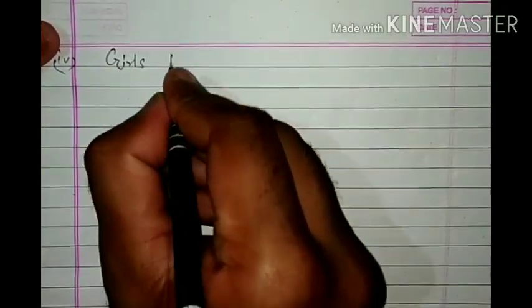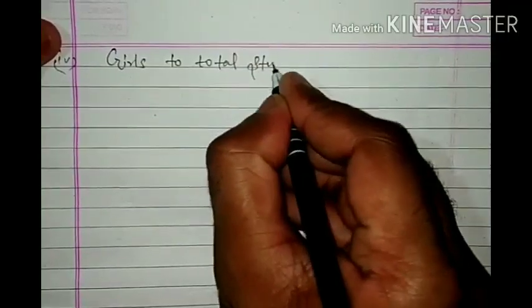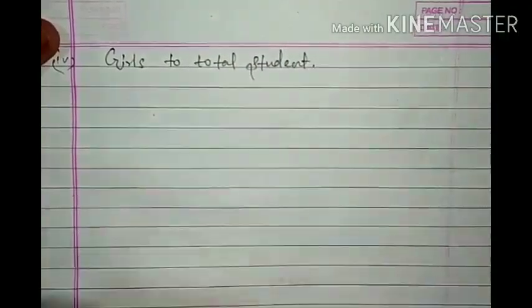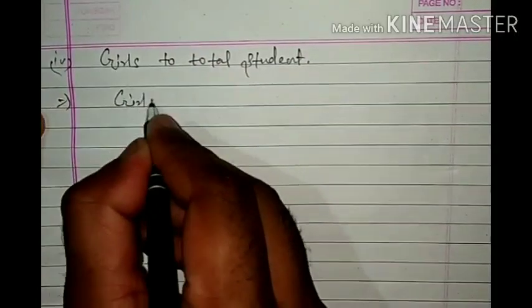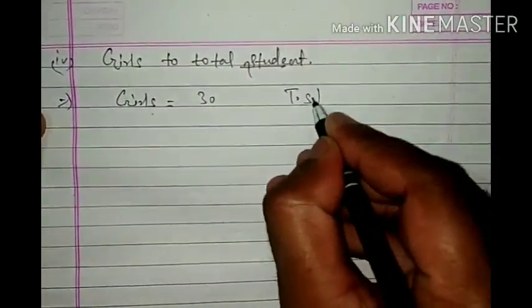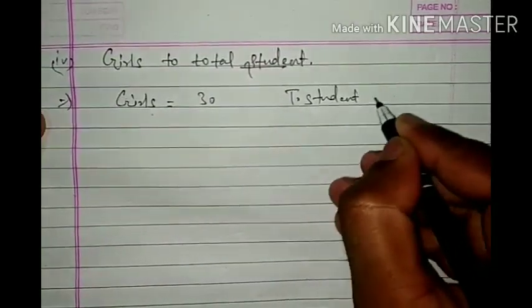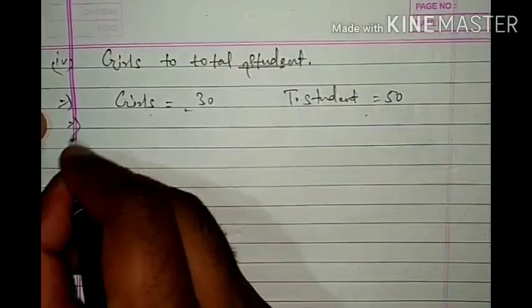Question number 4. Girls to total students. What was the number of girls? Girls was 30. And what is the total students? As you all know, total students in the class was 50. So girls to total students.